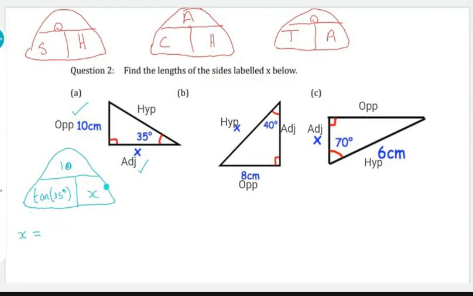Okay, so we cover up the X and then we're left with 10 at the top and tan 35 at the bottom. So X equals 10 over tan 35, like that. Then it just becomes a question of putting it in our calculator.